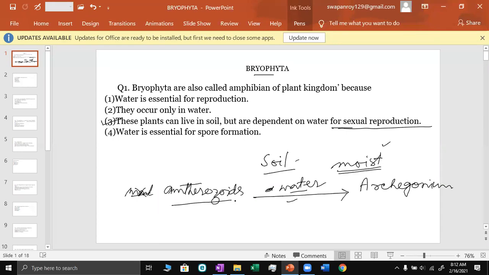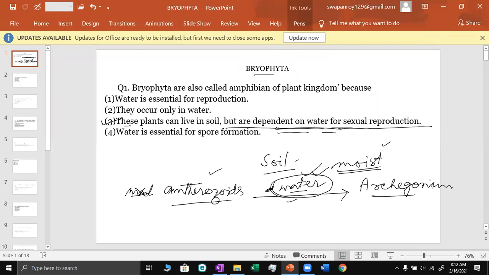But this is not the only reason they are called amphibians. The same condition is there for the pteridophytes also, but pteridophytes are not called amphibians. Ferns also require water for the transfer of the male gamete to the female gamete.